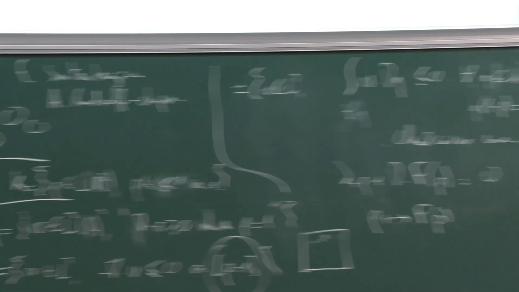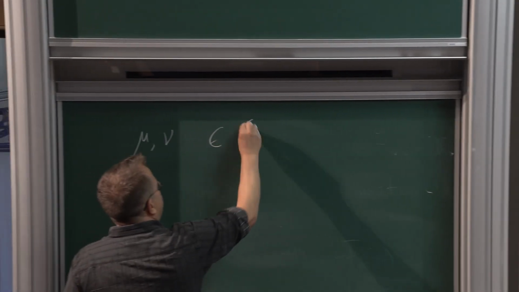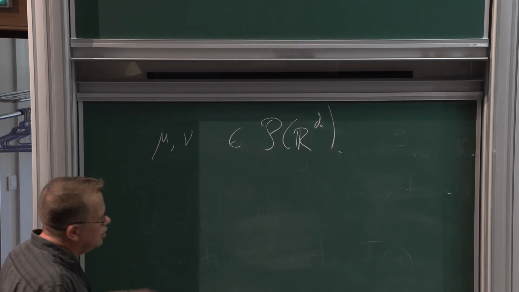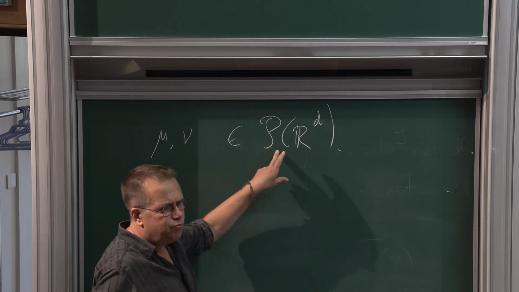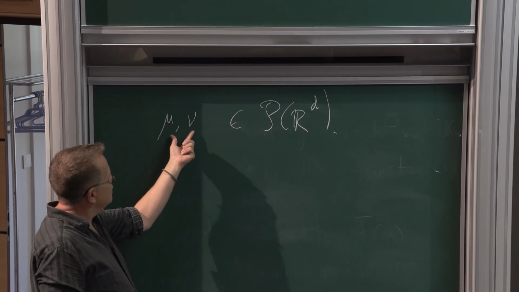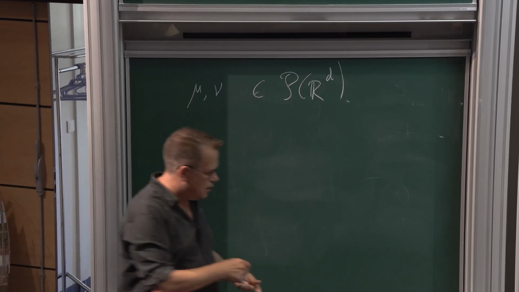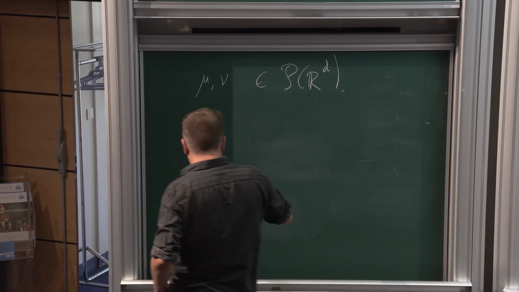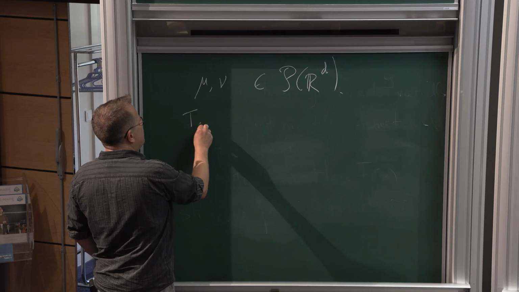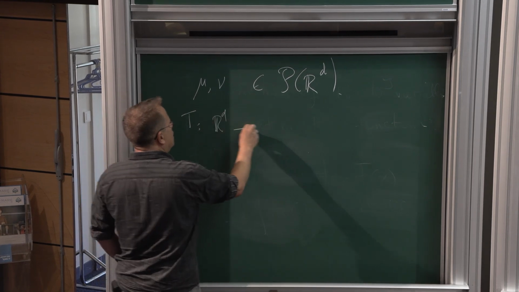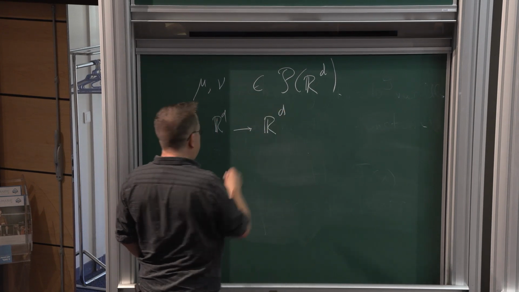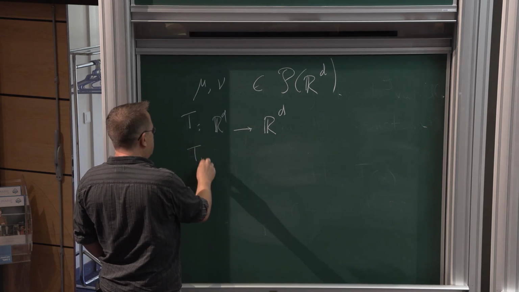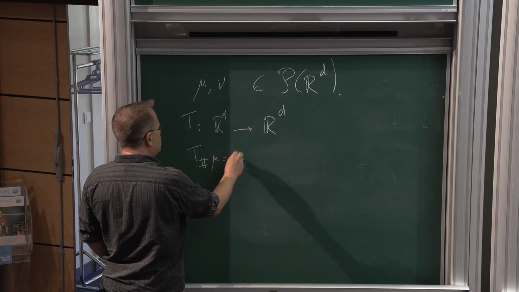When you have two densities in R^d, so here I consider measures. Let's say probability, the important thing is that they have the same mass, say 1, but it's not important. Using the same notation, I can consider a mapping T from R^d to R^d, and I will write that T sharp mu equals nu.